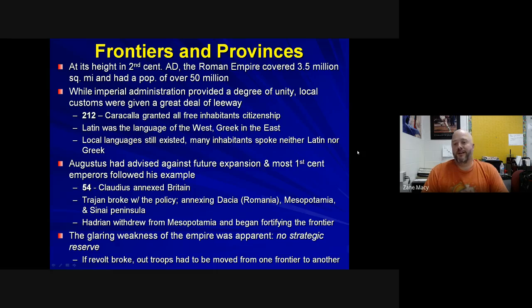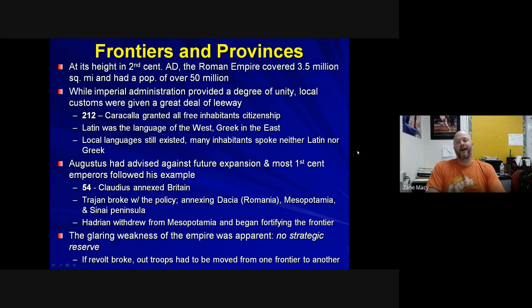The locals are going to need to learn their language. But if you weren't going to have contact with government officials, with soldiers, if you weren't going to do a lot of traveling, then there wasn't any extreme need to learn Latin or Greek, depending on which half of the empire you were in.